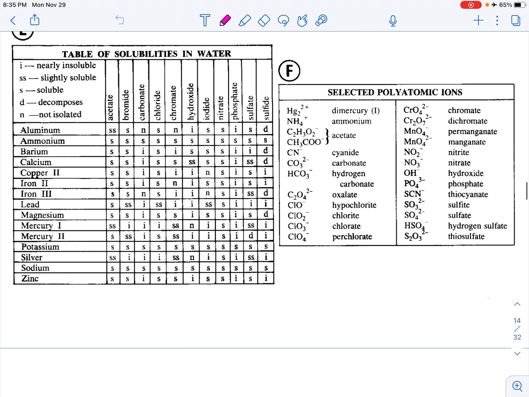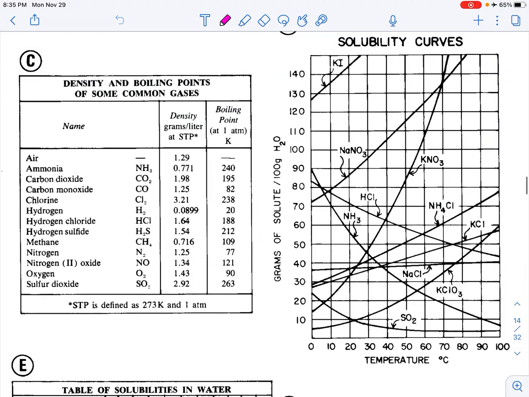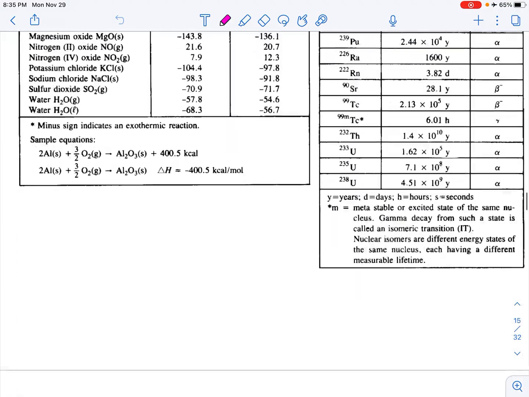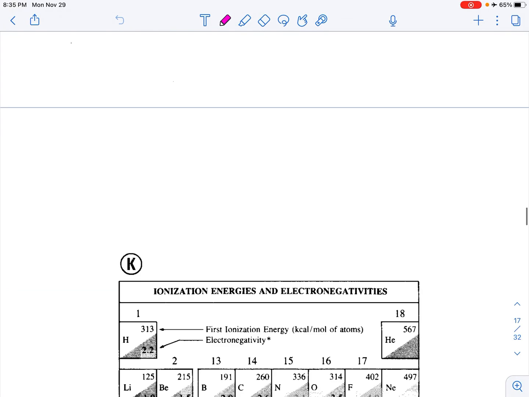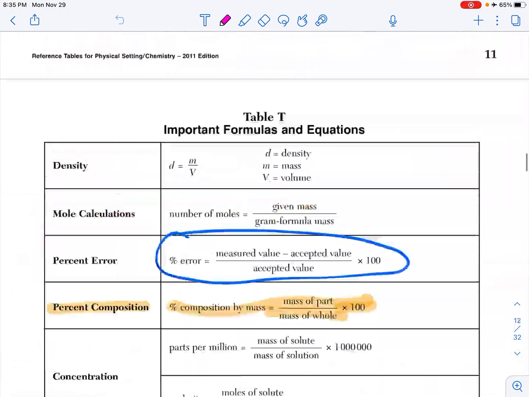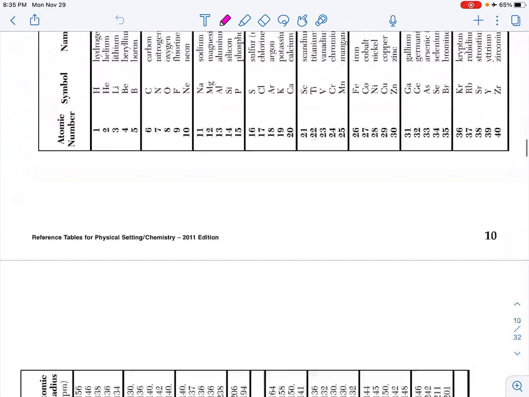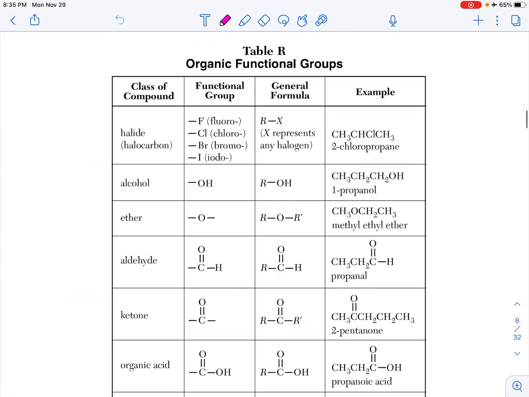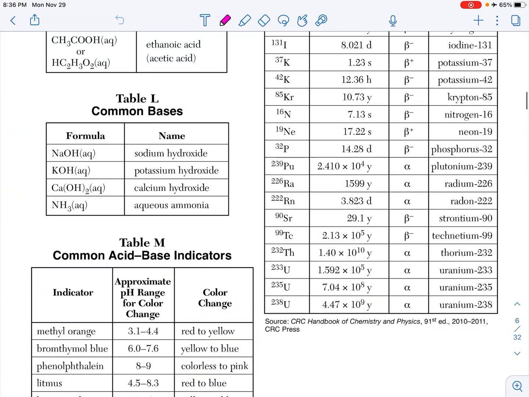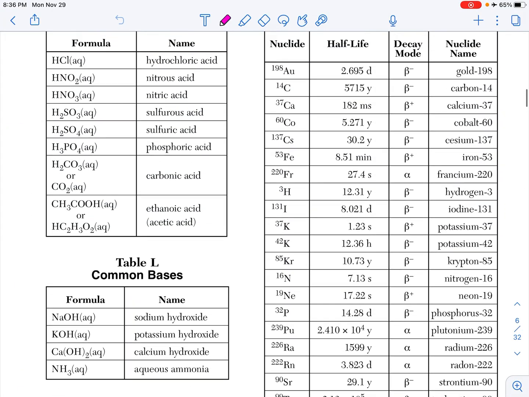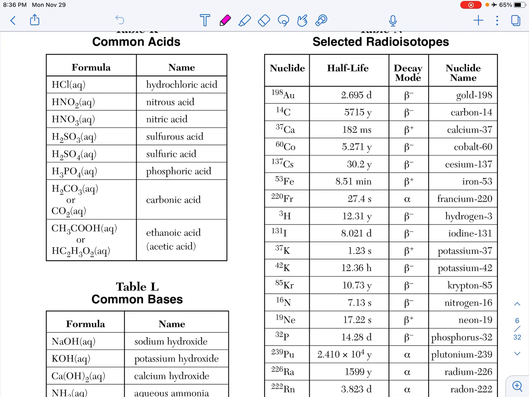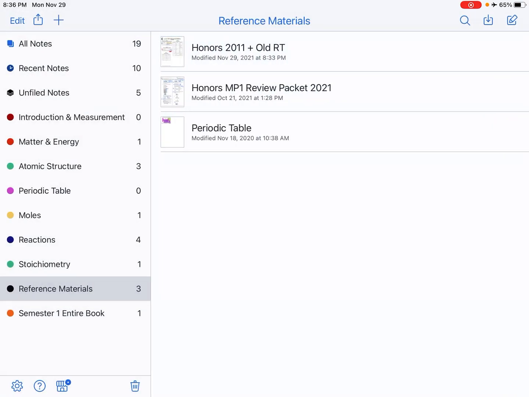The name of this acid is, so let's just go to the acid tables. Is there an acid table in here? Let's go to table K. H2SO3 is sulfurous acid.